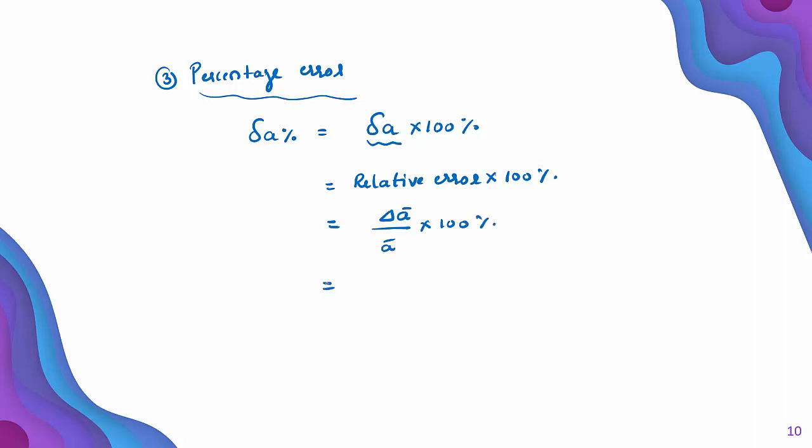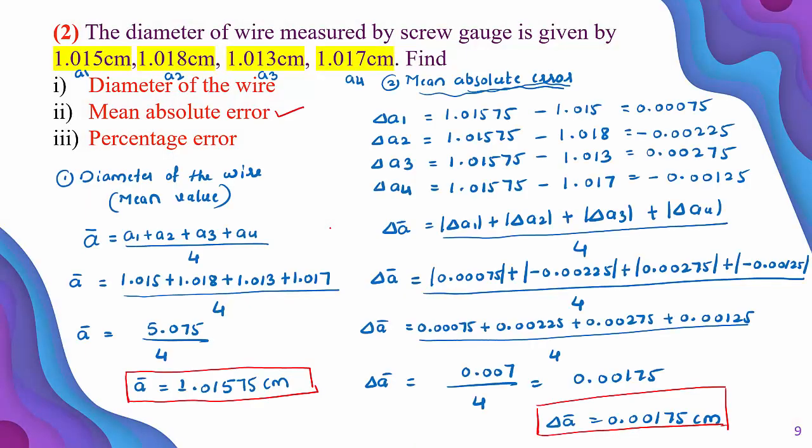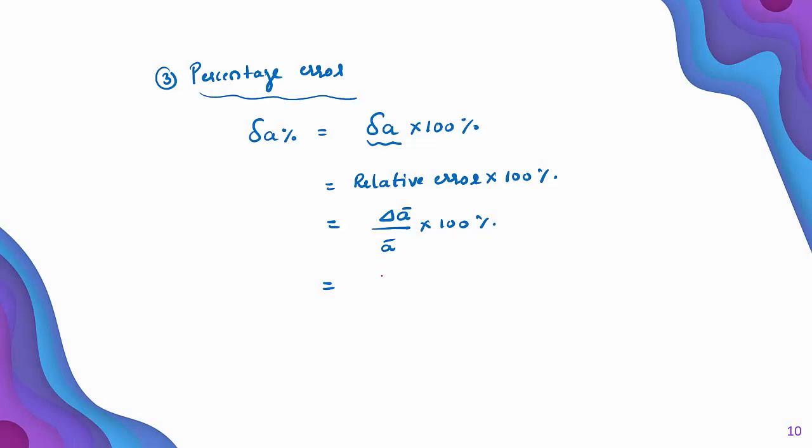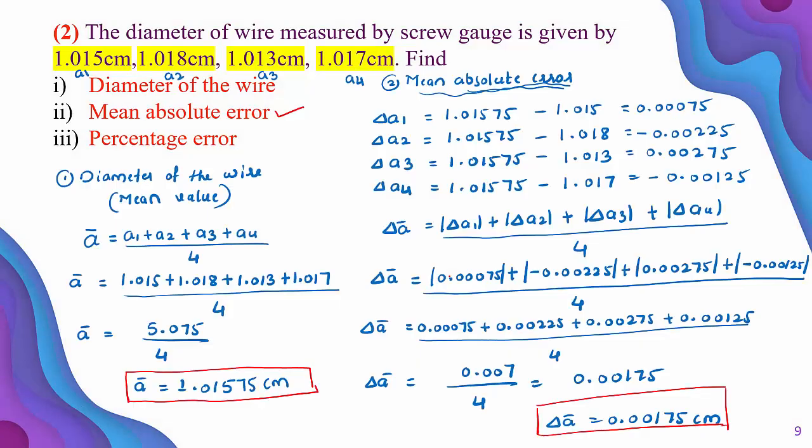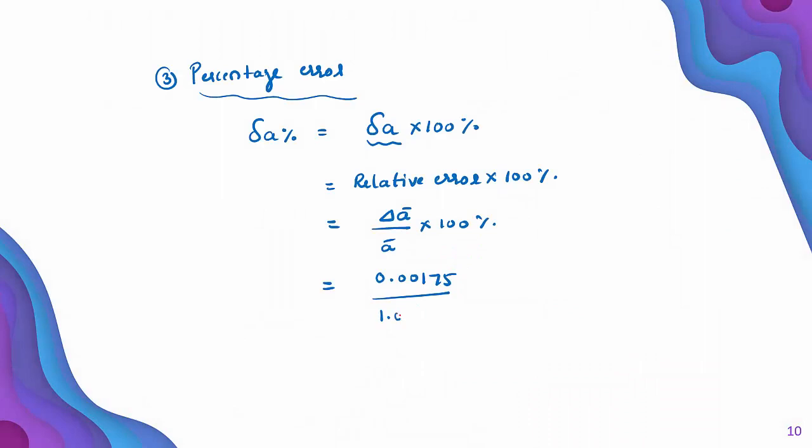So delta A bar, that is mean absolute error. How much did we get for mean absolute error? 0.00175. Here we can substitute 0.00175 divided by the mean value we got, 1.01575. Now multiply by 100%.